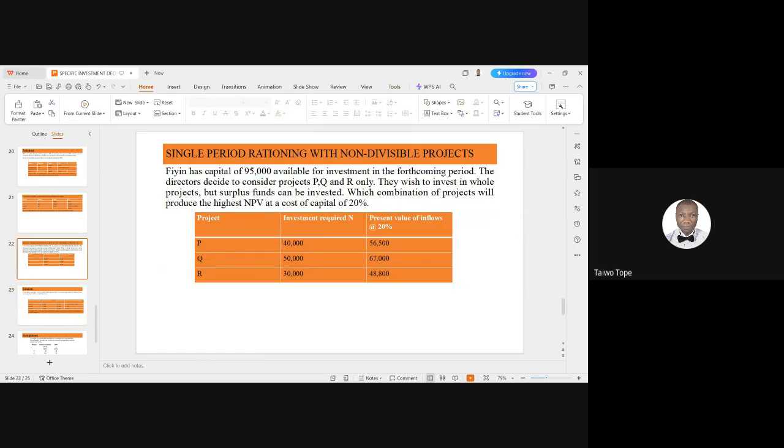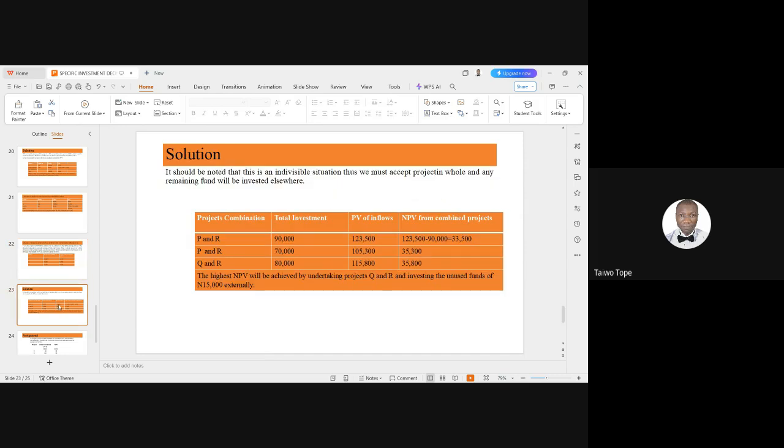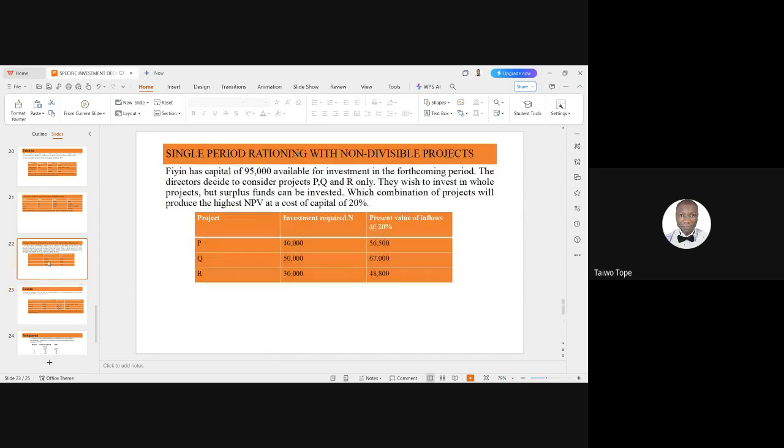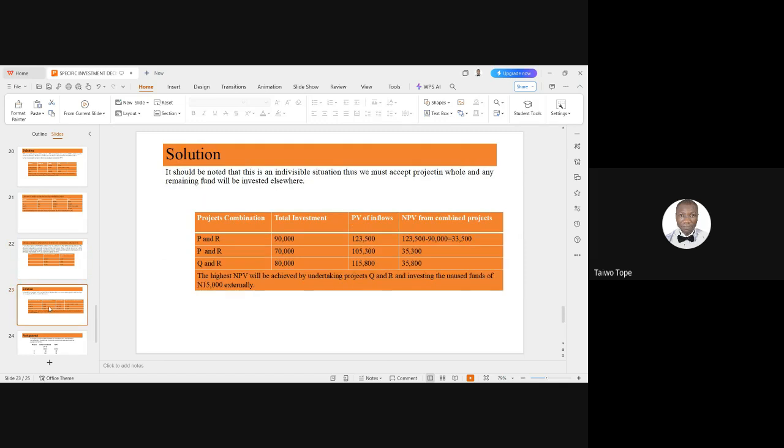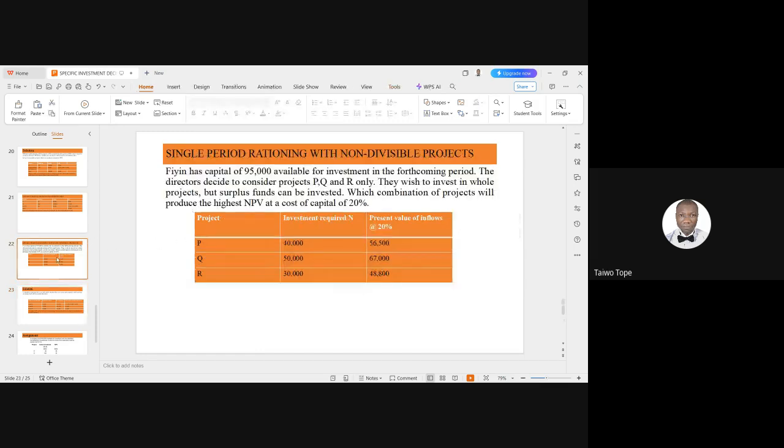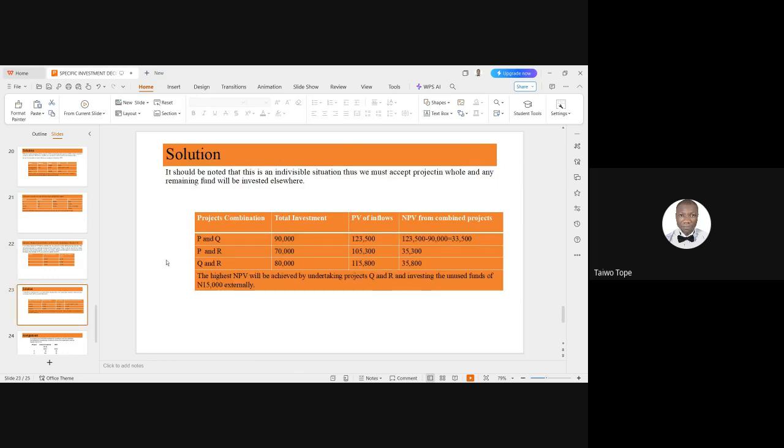Okay, so P and Q. It should be P and Q. So when you add the investments for P and Q, this plus this is 90. And when you add for P and R, you have 70.